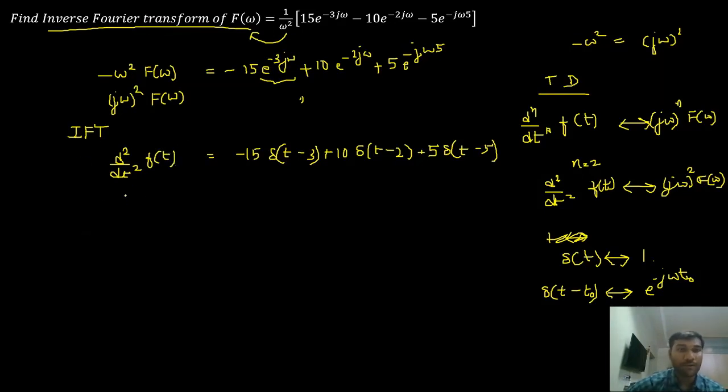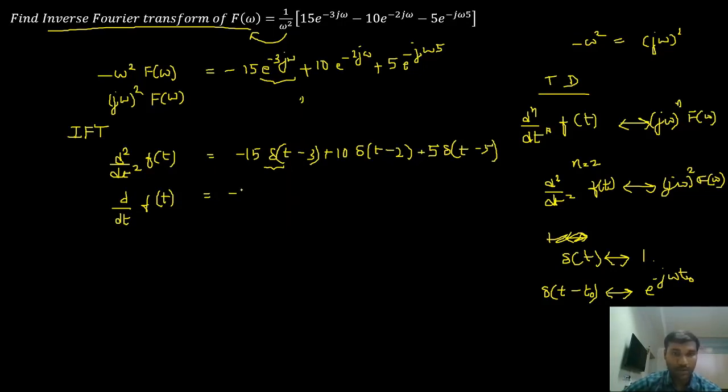Now I need to find f of t. So what I can do, I'll just integrate it once. If I integrate once, I'll have d by dt of f of t. What is the integral of this? This is a unit impulse function, right? Integral of an impulse function is nothing but a unit step function.